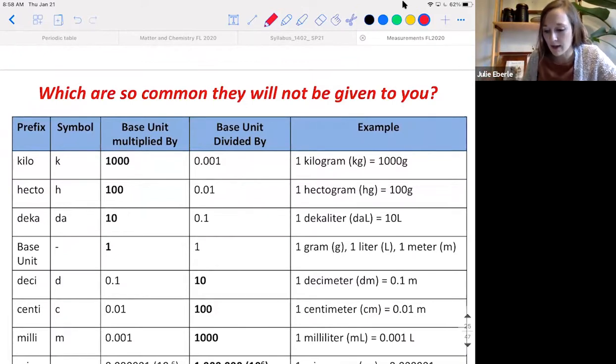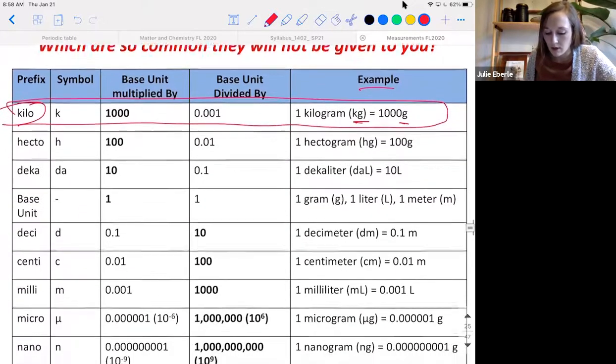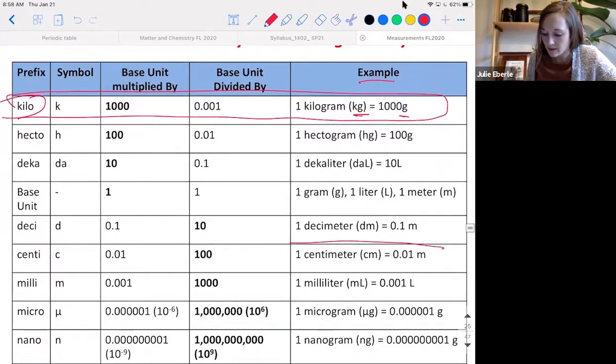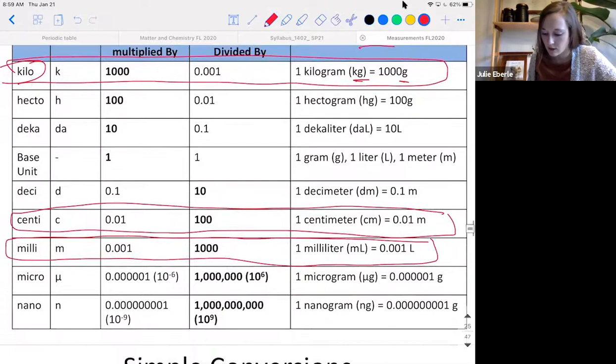And here are the ones I would like for you to memorize. Kilo, so knowing this information right here. And I don't just mean for a gram, but this is just an example. So kilo, and then come down here, centi is very common. Milli, anybody who works in a hospital as any kind of tech or assistant knows that milli is very common, or even micro.